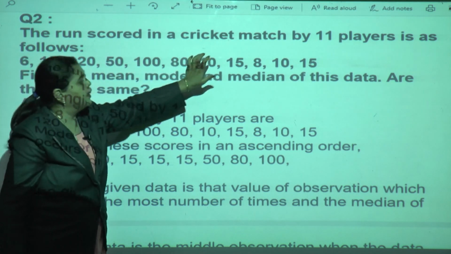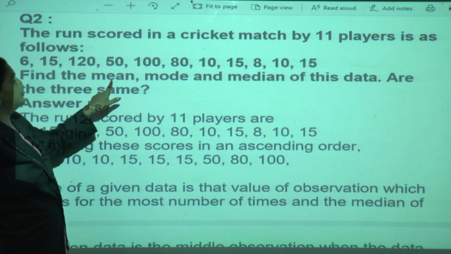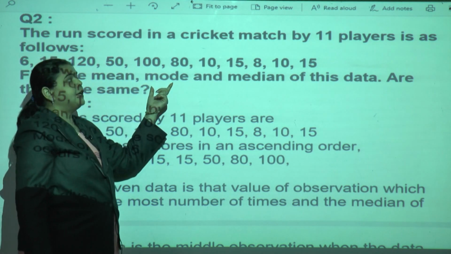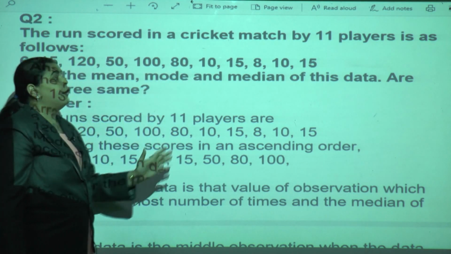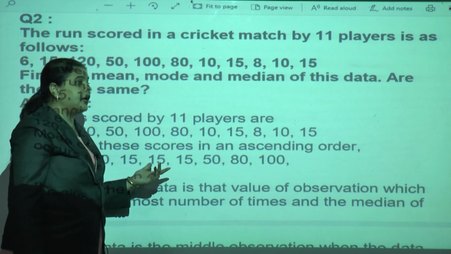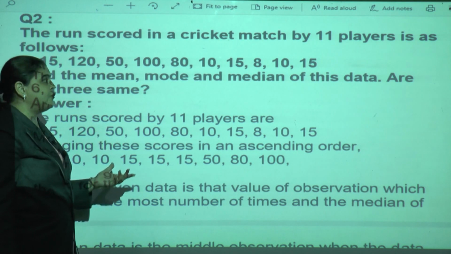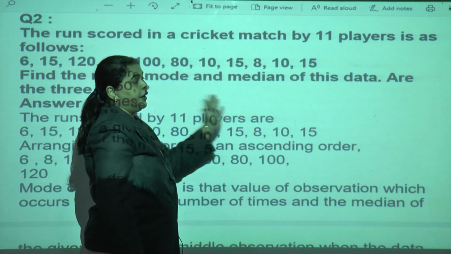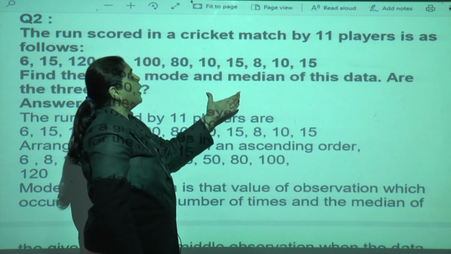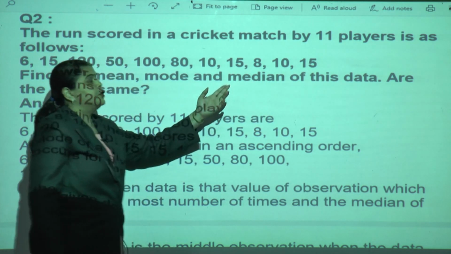Do the sum and divide by the number of observations to get your mean. Mode: arrange the numbers in ascending order and find which number is repeated; the highest frequency is your mode. And median: by arranging in ascending order, find the middle term, that is your median.